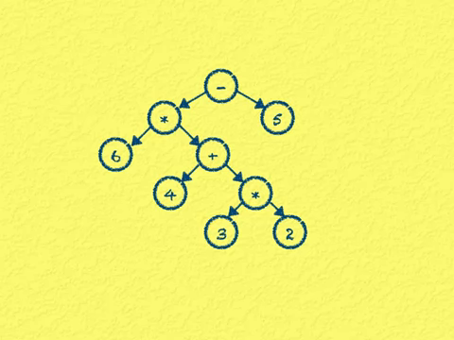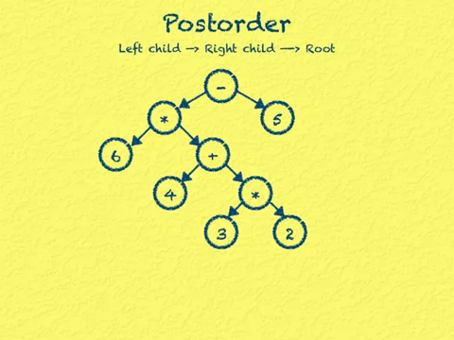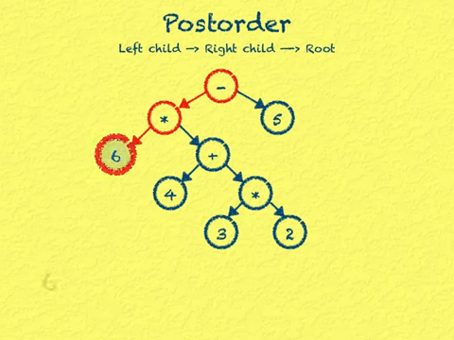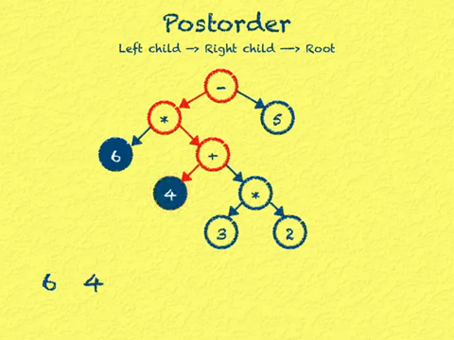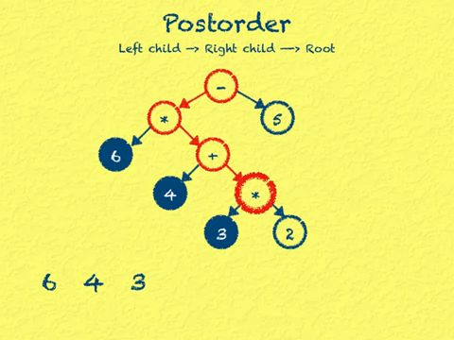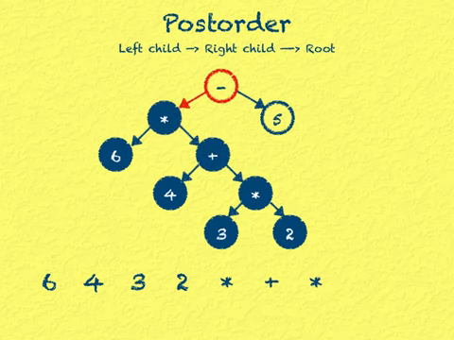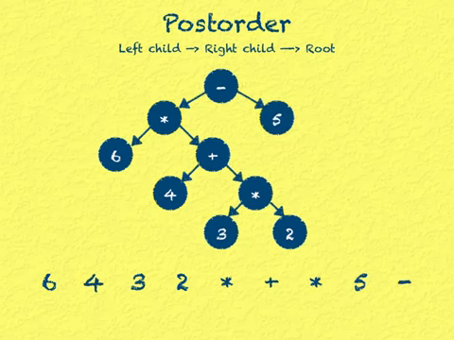To get the postfix expression, all I need to do is a post-order traversal of the tree, where I go from the left child to the right child to the root. And that completes the post-order traversal.